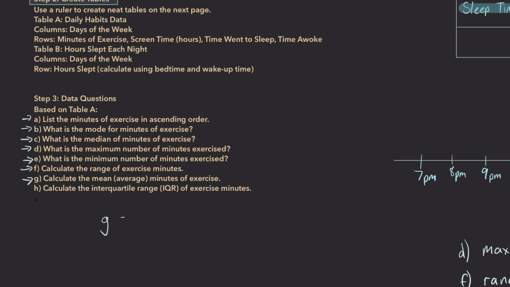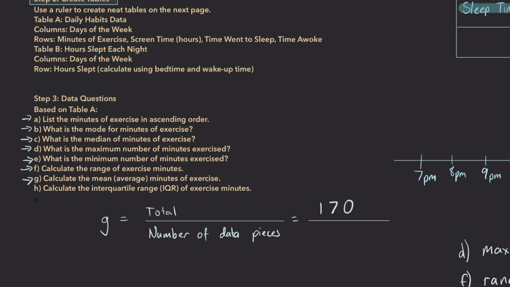So it's equal to the total over, which means divided by the number of data pieces, let's call it. So the total is 170 divided by the number of data pieces.